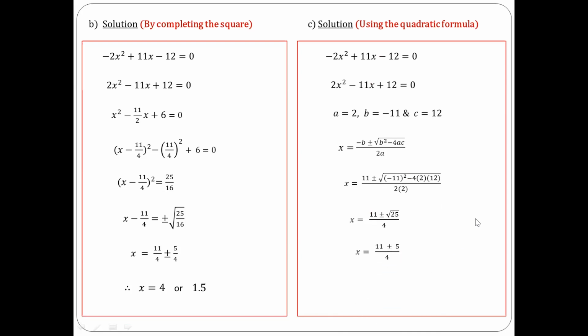Then x will be equal to 11 plus or minus 5 over 4. And then the final answer, again the same: x is equal to 4 or 1,5. So there are 3 methods under the analytic thinking approach for solving the same equation.